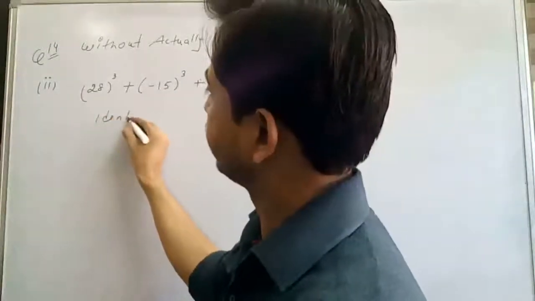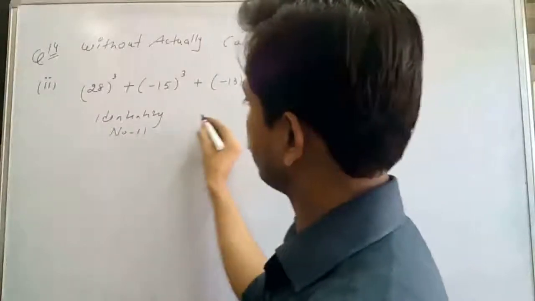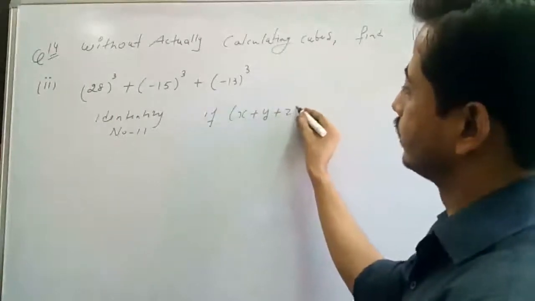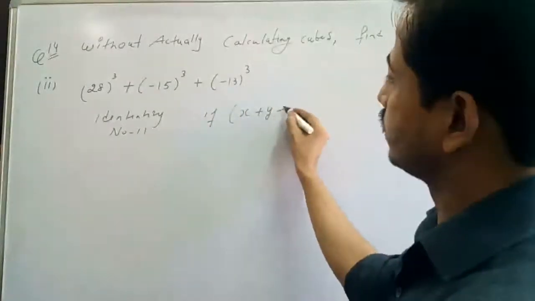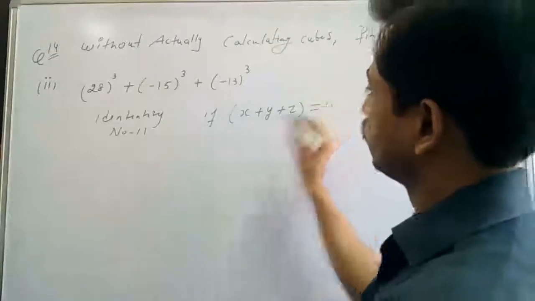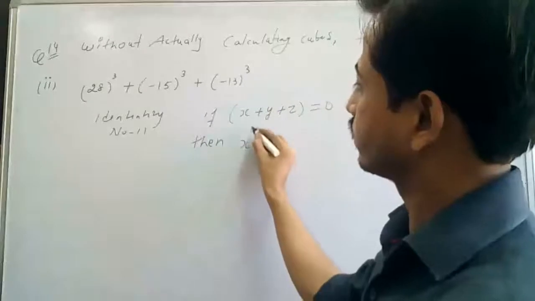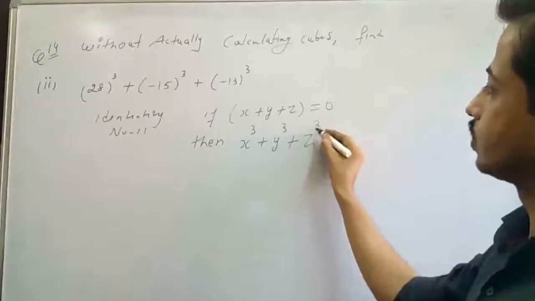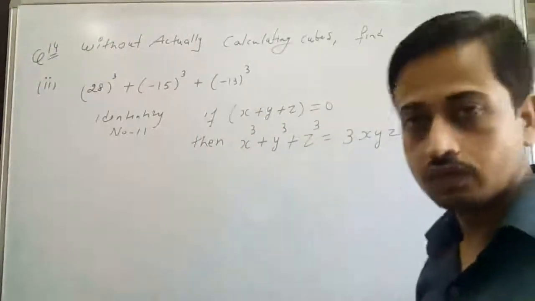So identity number 11: if x plus y plus z is equal to 0, then x cube plus y cube plus z cube is equal to 3 into x into y into z.